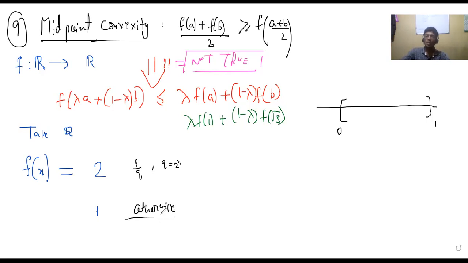Okay. So then does this work? If two numbers are of this form, if A and B are of this form, then there is nothing to check because this is 2, 2, 2.